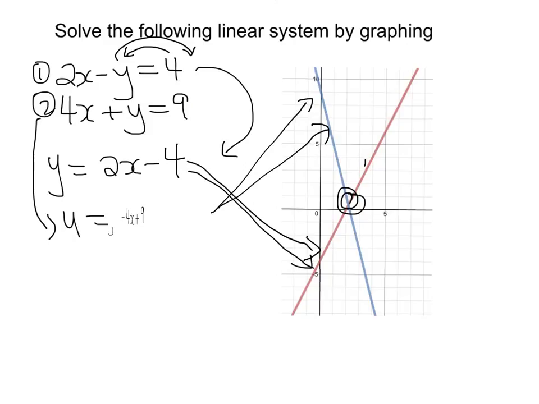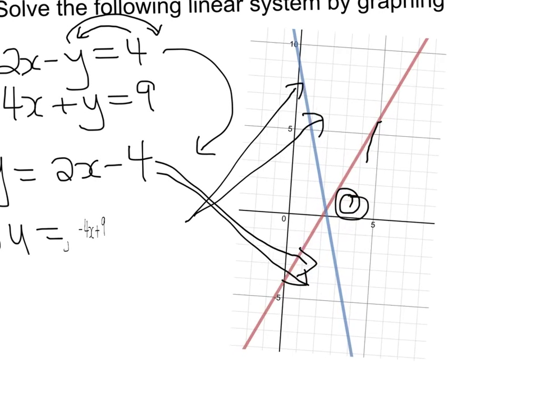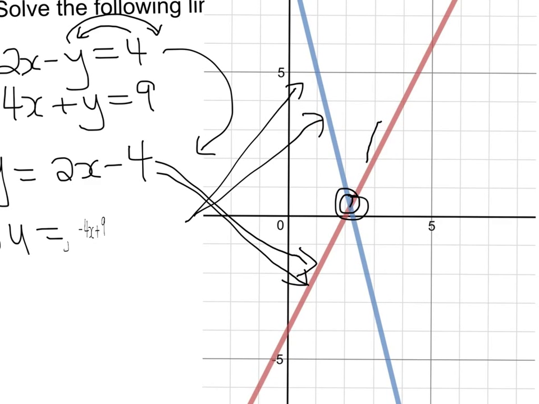So let's just blow it up and take a look and see if we can tell. There we go. Unfortunately, this is not the cleanest point of intersection, so that really doesn't help me very much if I do this by graphing.